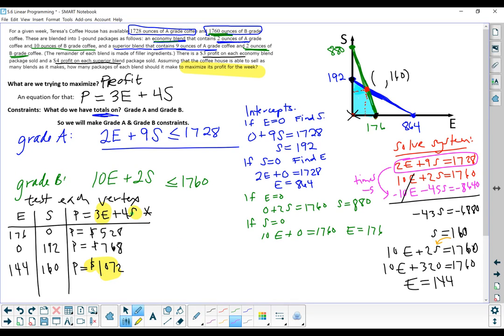And to maximize profits, we need to make 144 economy bags and 160 Superior Blend bags.